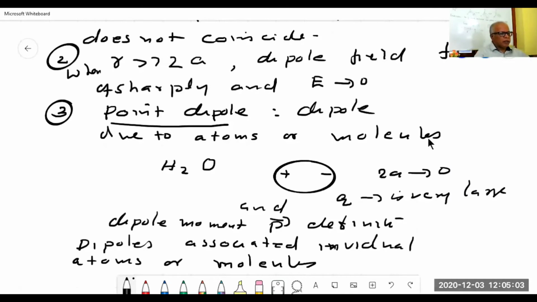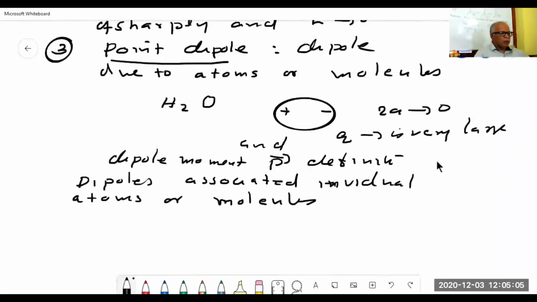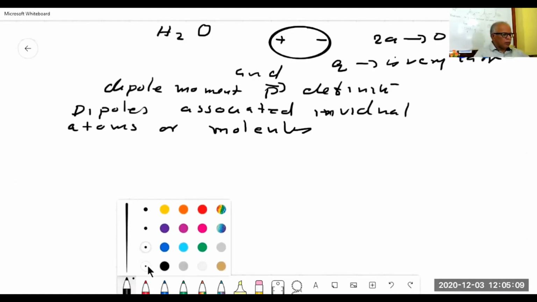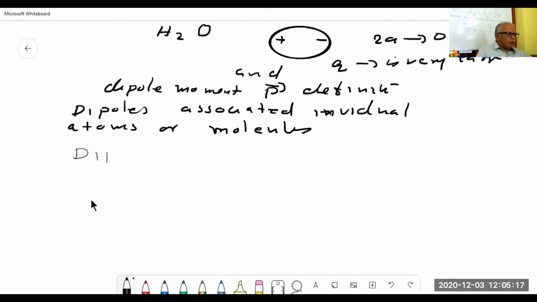Now we shall define a second term, dipole moment. What is dipole moment? It is denoted by P vector. P is a vector.